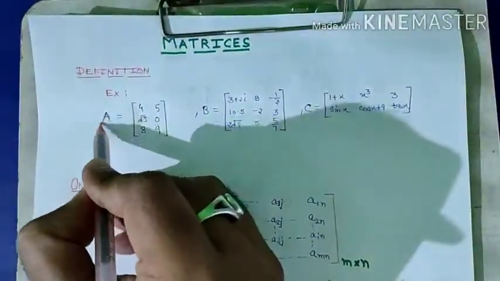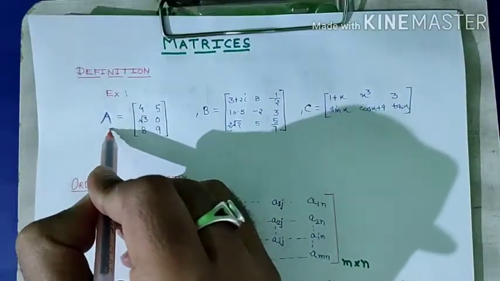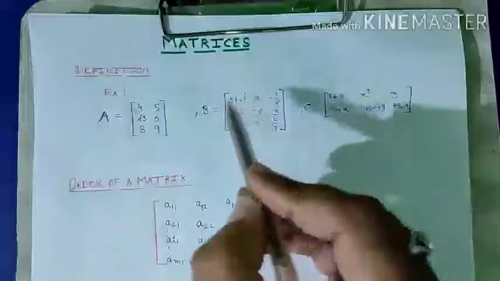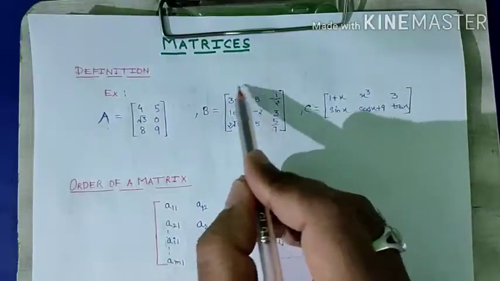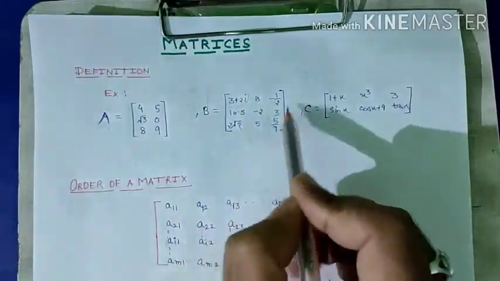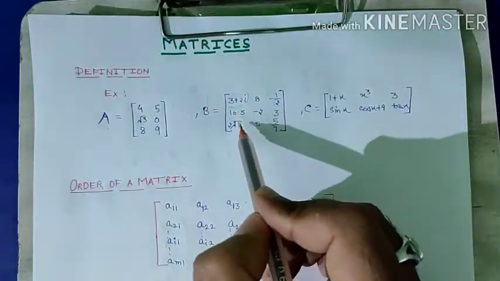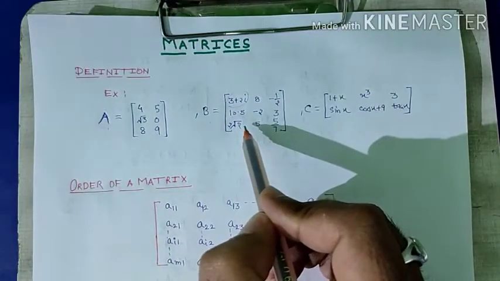We denote a matrix by a capital letter like capital A, capital B, 3 plus 2i. This is to give you an idea that an imaginary or complex number could be part of matrices.